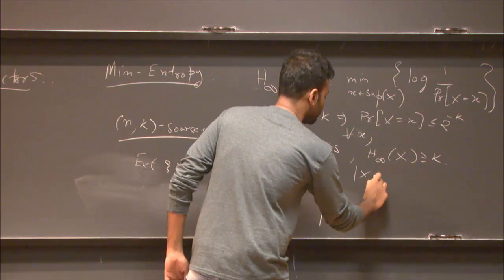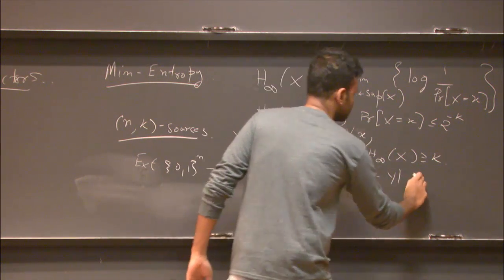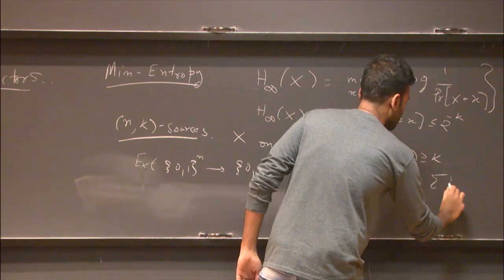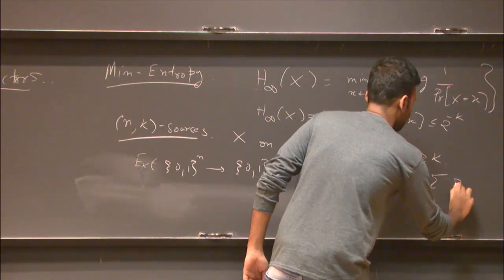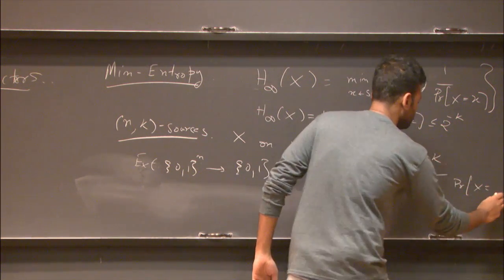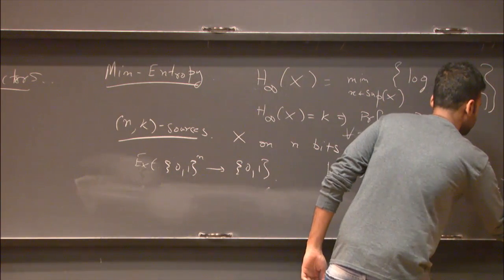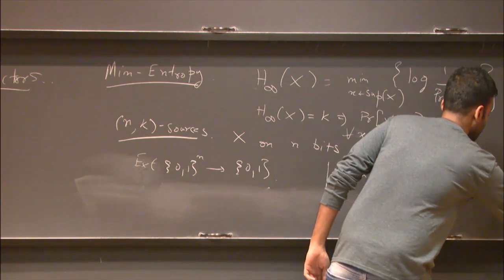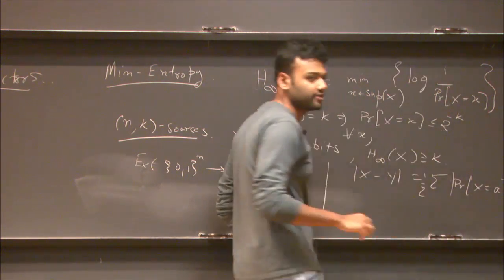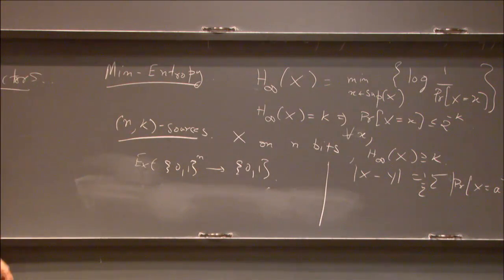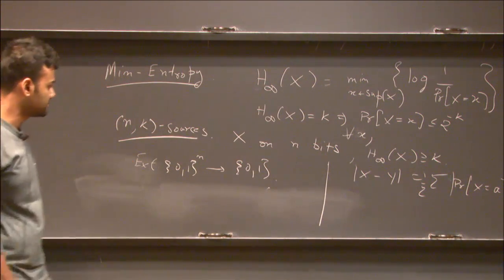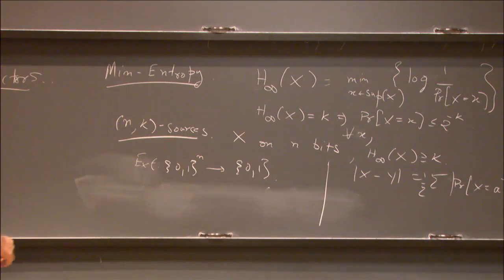For two distributions X and Y, the statistical distance is half of the L1 distance between them. And if it's just bits, then it's just the probability bias.